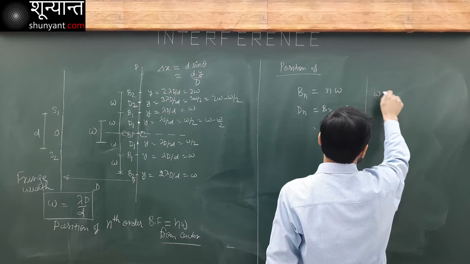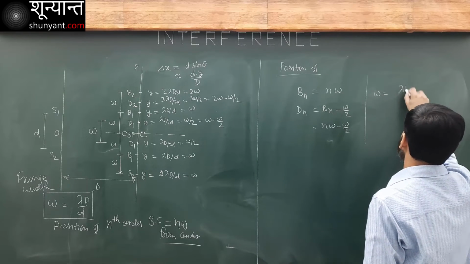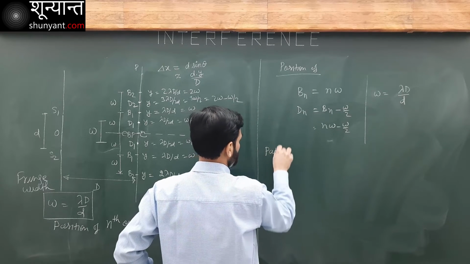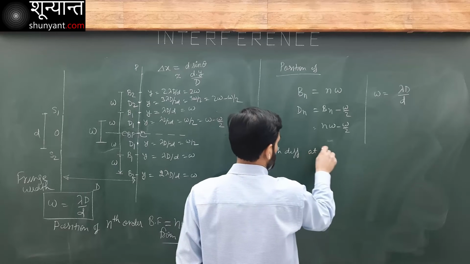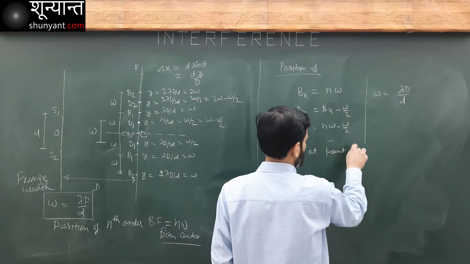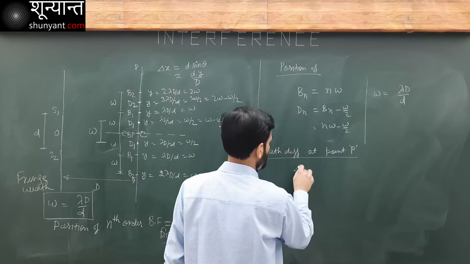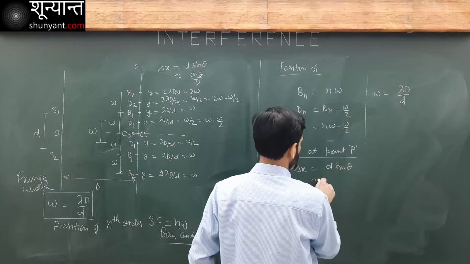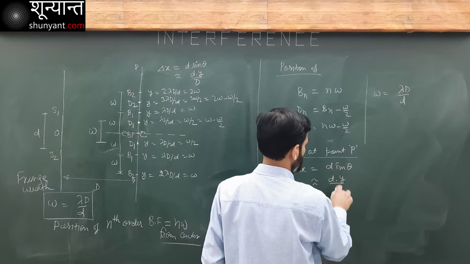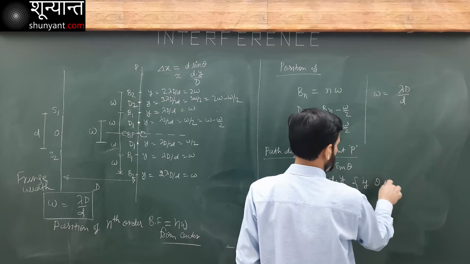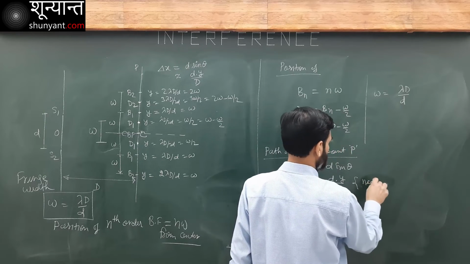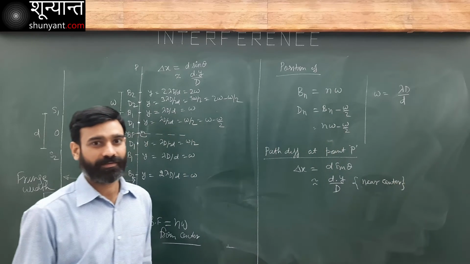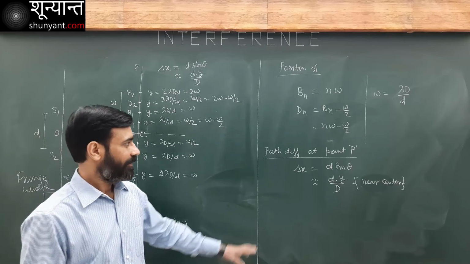What is omega? Omega is lambda D over d. Path difference at point P: delta x is equal to d sine theta, which is approximately d into y over D, near the center.